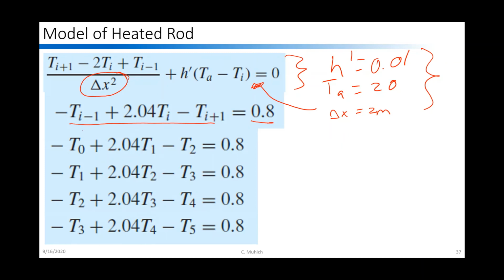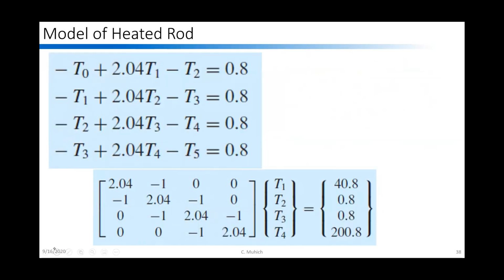Remembering, of course, that T0 was equal to 40 degrees and T5 was equal to 200 degrees from the boundary conditions. Once again, don't get tripped up on how we want to apply the differential equations. We'll get to that in a few chapters.